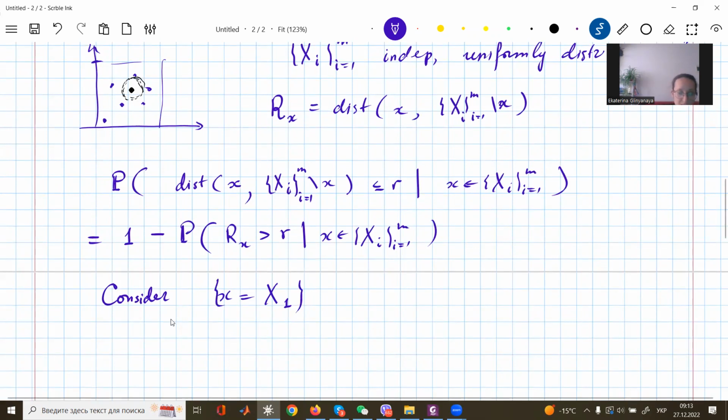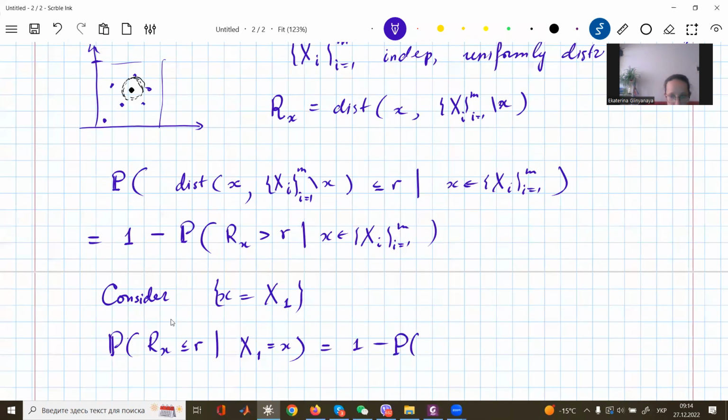Then I continue: the probability that R_x is less than r under the condition that x1 is equal to x equals 1 minus the probability that R_x is bigger than r, given x1 equals x.